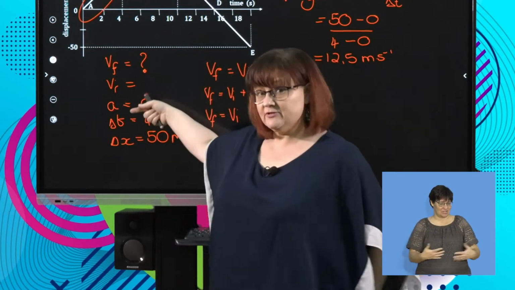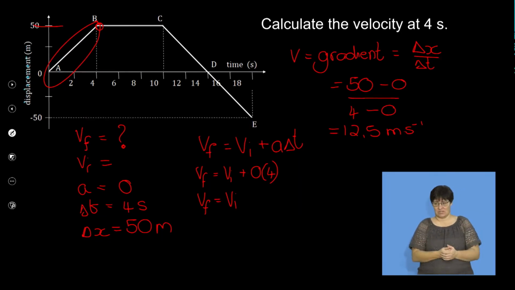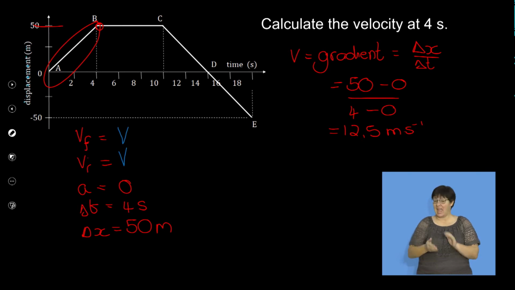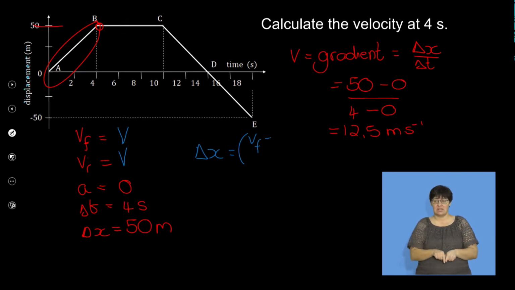So I'm going to go back to my equation, and instead of putting a question mark there, I'm going to say, let's make VF and VI equal V. They're the same value. I can now choose a better equation, not using acceleration. If I go back to the equation delta X equals VF plus VI over 2 times delta T, I know that delta X is 50.